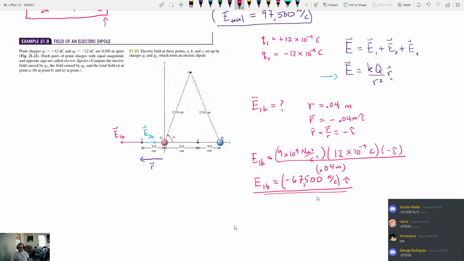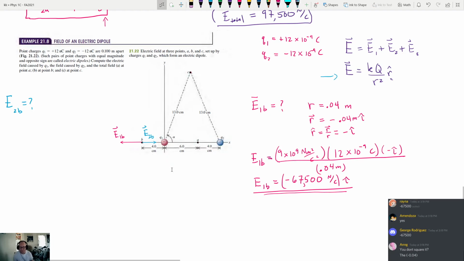Alrighty. What about E2b? For E2b, we'll do this one over here. What do we know? Well, we know that r is equal to, oh, it's squared. So sorry, that is squared. Thank you. That's supposed to be squared right there.